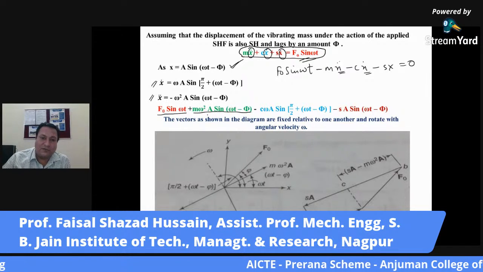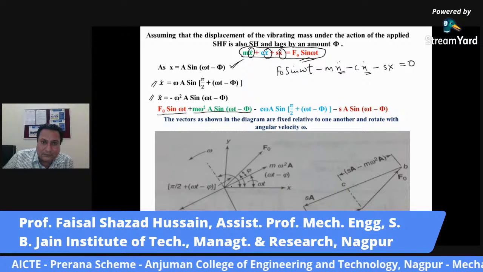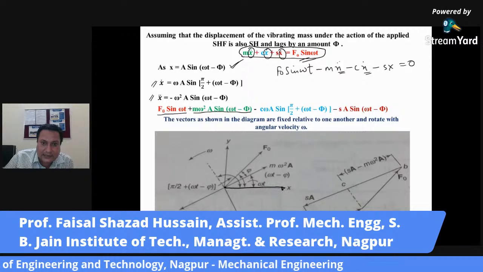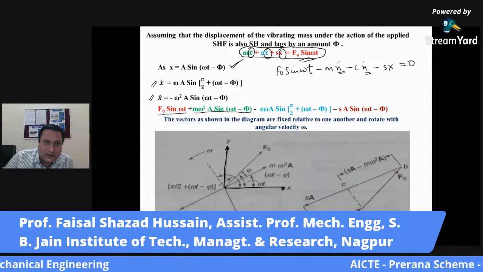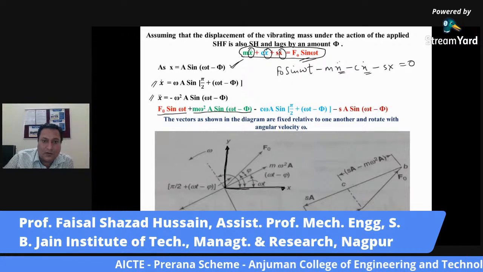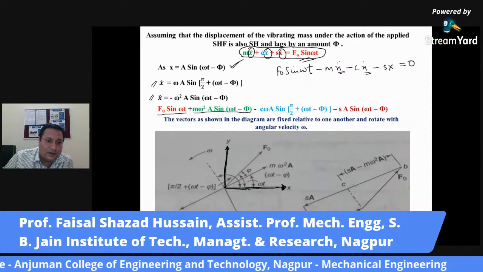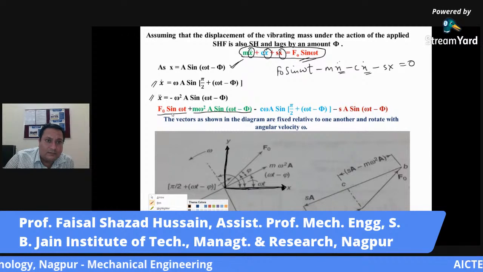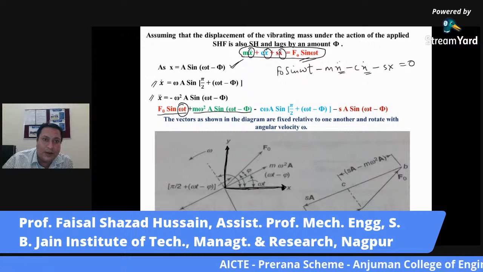Now let us draw the phase diagram. Here in this phase diagram, for example, this is your x axis, and this is your y axis. These are two axes, x and y. Now first of all, the first force is your oscillating force F0, with respect to the angle omega t.